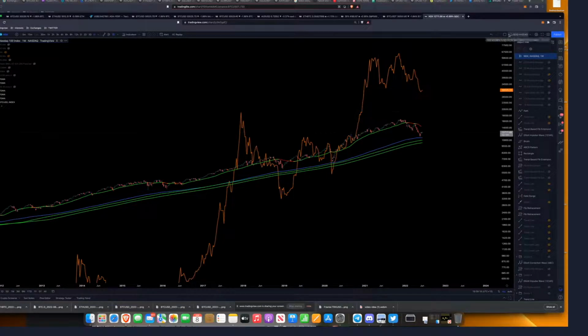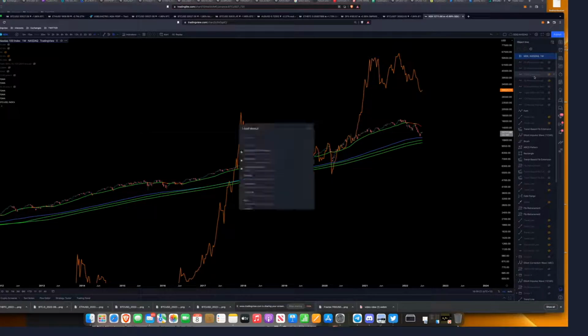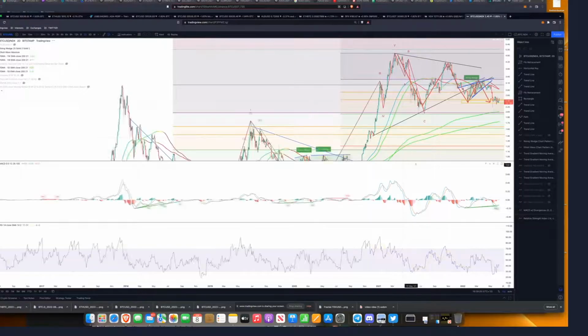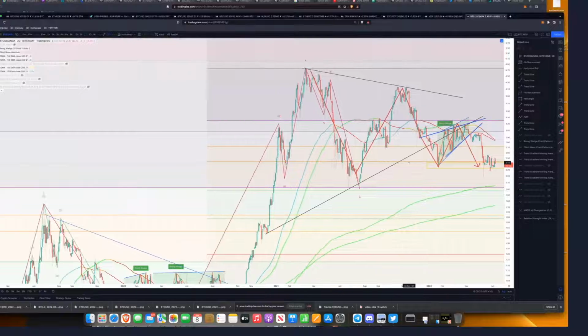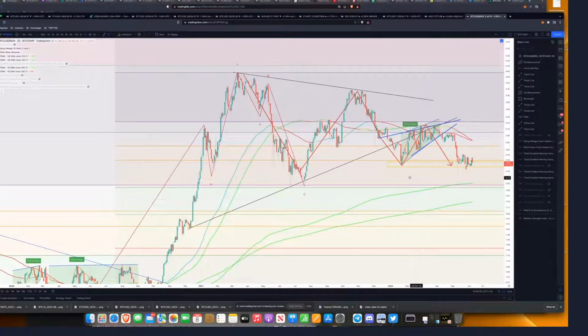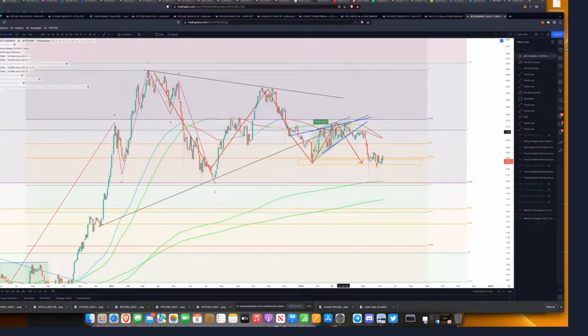Now, there's one more chart, and I can show you when we compare NASDAQ with Bitcoin, like here. So this is Bitcoin over NASDAQ. This is the price. So for now, we had this ascending trend.